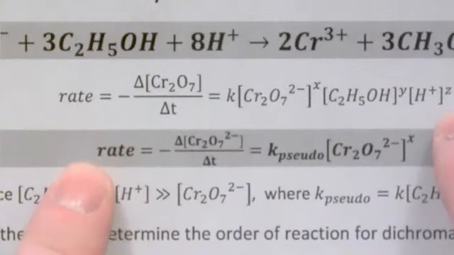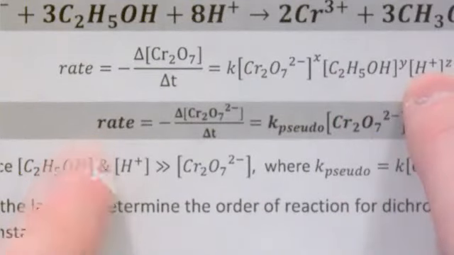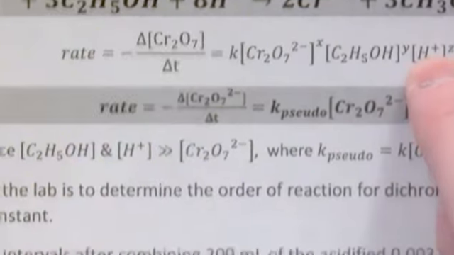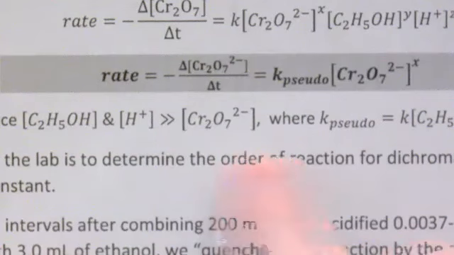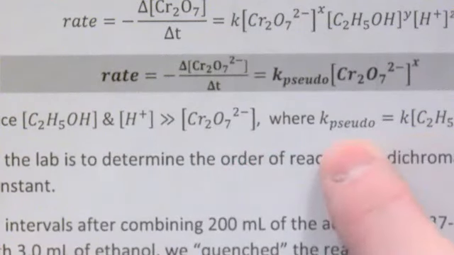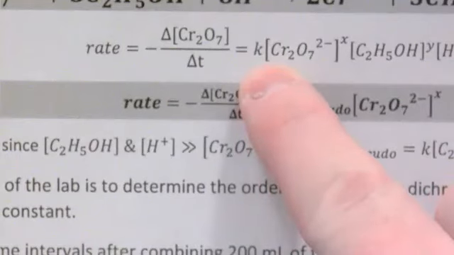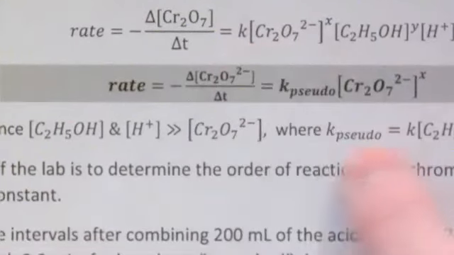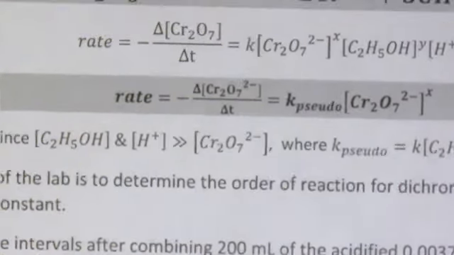What did we do in this experiment? We used those concentrations to be very, very large so that they were constant. If they were constant, then they could be combined with the rate constant to make the pseudo rate constant, k pseudo. So can we actually find k? No. But can we find k pseudo? Yes.